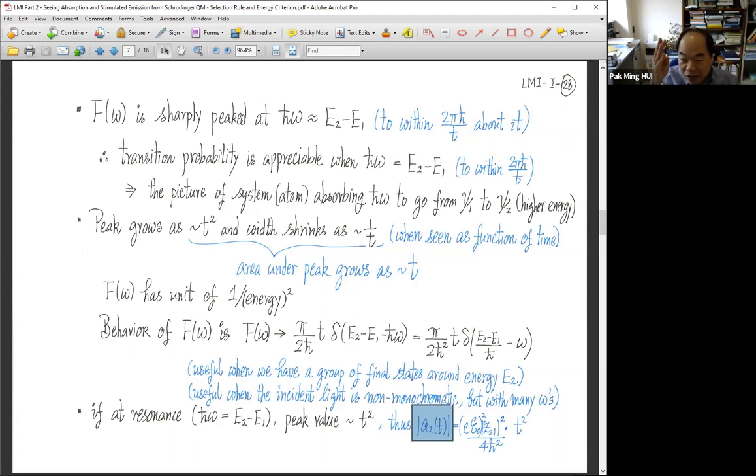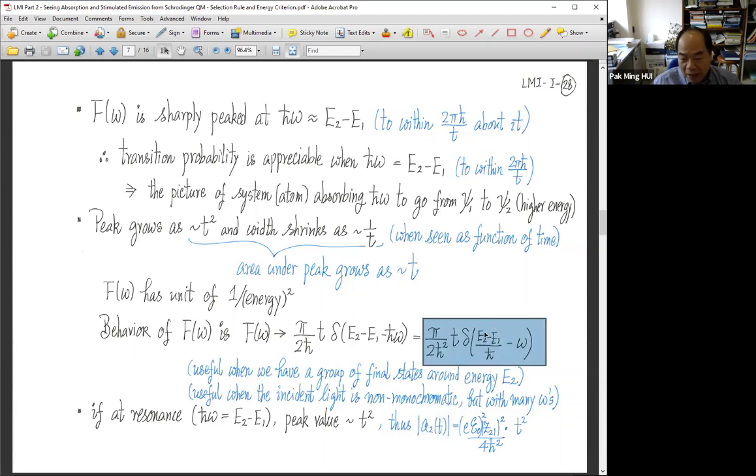I showed you fixed T as a function of the incident light. There is a resonance. If you hit that, the peak is very high, okay? The behavior in time is that it will get narrower, the peak shoots up, the width shrinks, the area goes like T. And it's a representation as a delta function, okay?